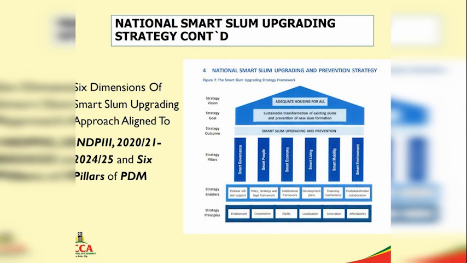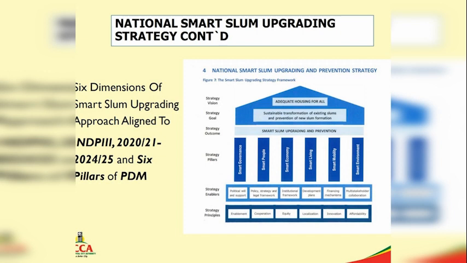I'll say that again. As a strategy to address the challenges of informal settlements, government has come up with what they call the National Smart Slum Upgrading and Prevention Strategy.